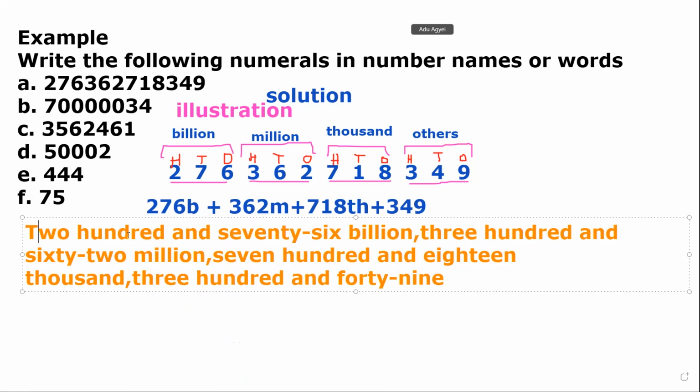Good. Now we have 276 billion, 362,718,349. That is for the first one.